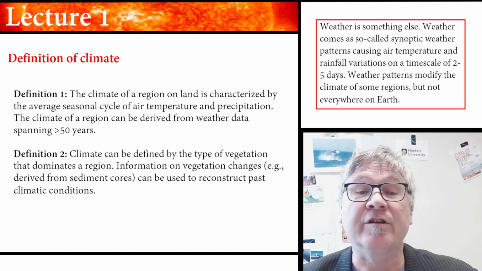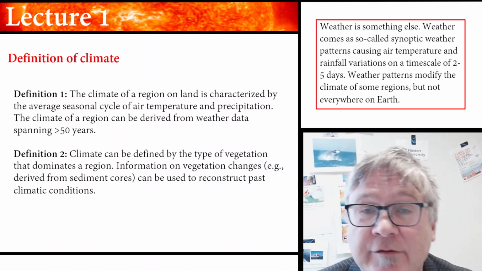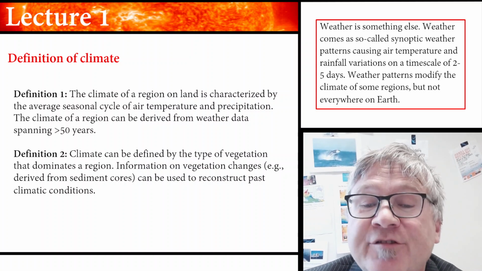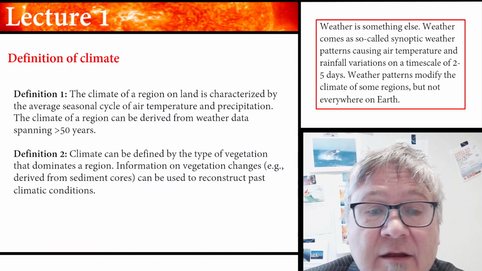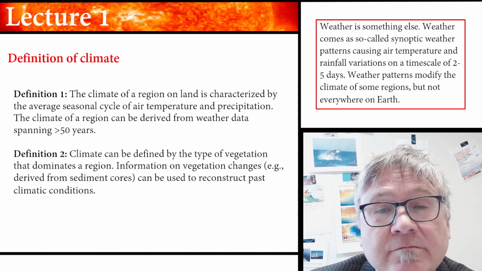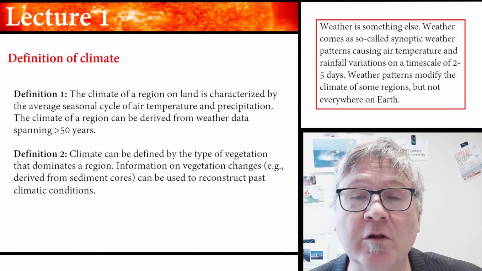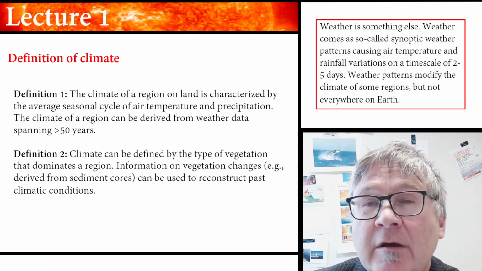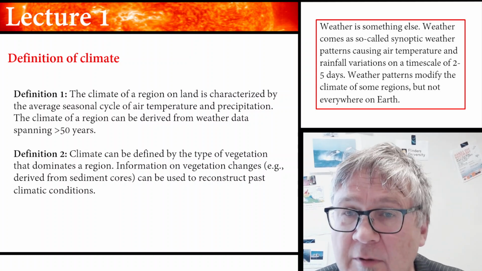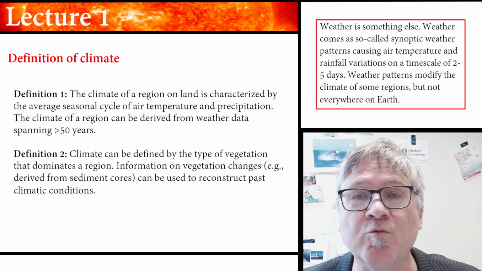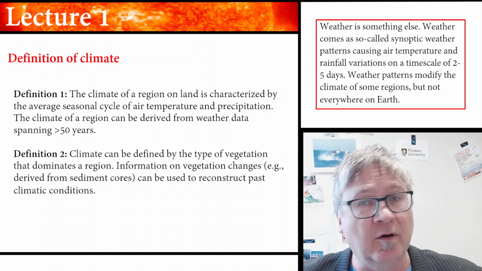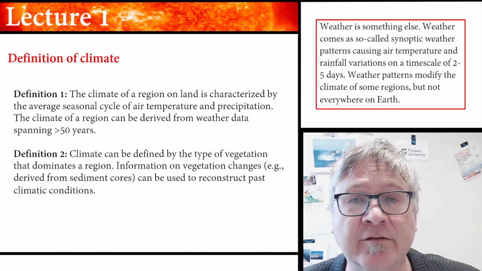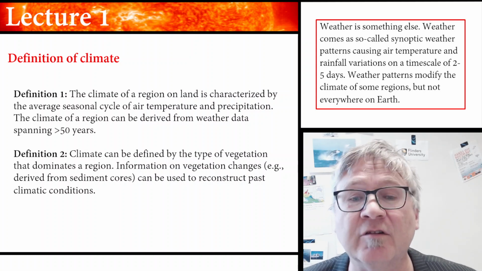The second definition is an alternative. You can define the climate by the type of vegetation that dominates a region. What type of general vegetation do you have in the area where you live? And we're not talking about microclimate. We're really talking about regions on spatial scales of 500 to 1,000 kilometers.